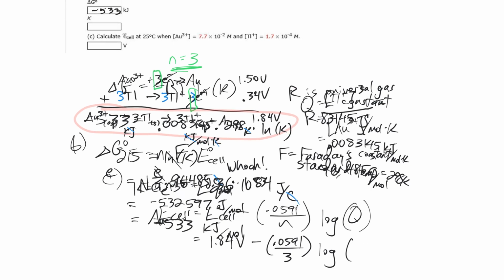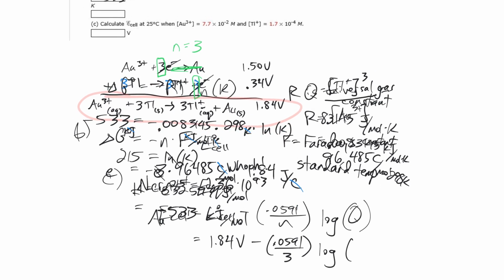They gave us, way up at the top, those numbers. They said the gold concentration is 7.7 times 10 to the negative second. That's my red number. And my thallium concentration is 1.7 times 10 to the negative fourth.